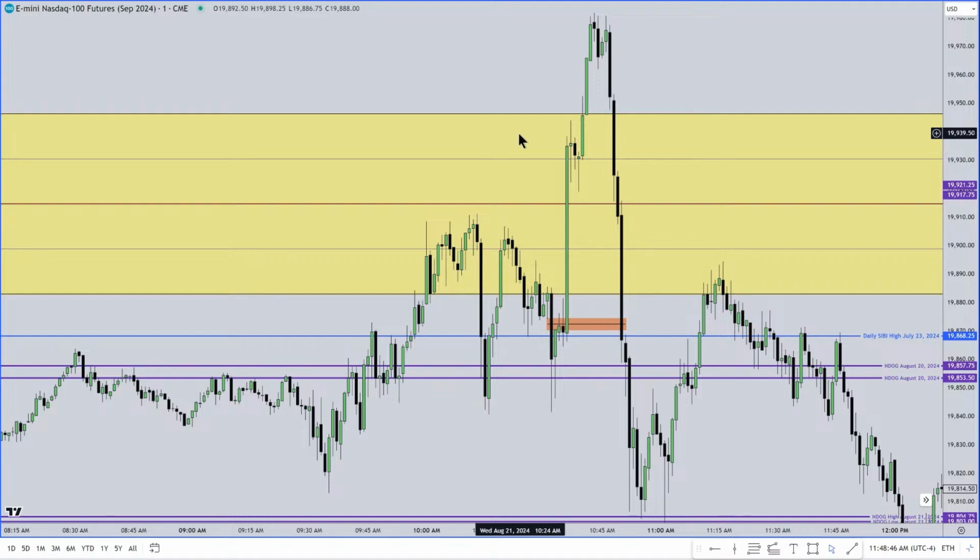Whichever gives me the wider range for inefficiency, or if it's a body for an order block, I'll look at both. If it's a bearish order block, I'll use the higher one.